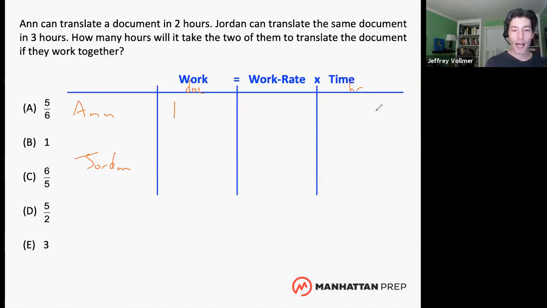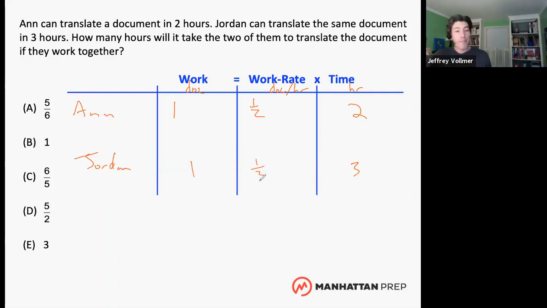She can do one document in 2 hours, which means her work rate is half a document per hour. Documents per hour. So her rate is half of a document per hour, and that's why she can get a full one done in 2 hours.